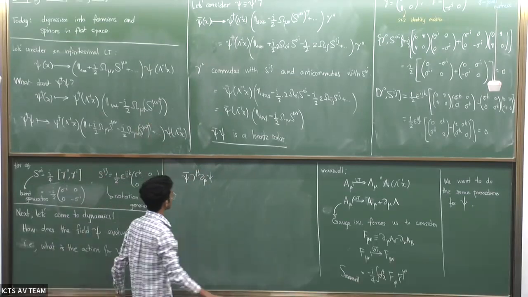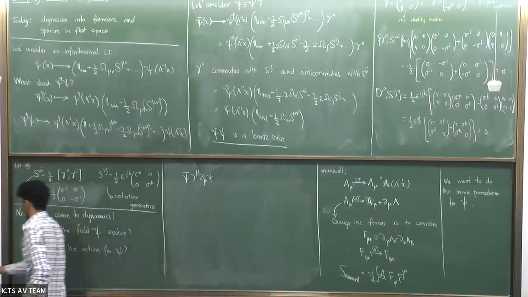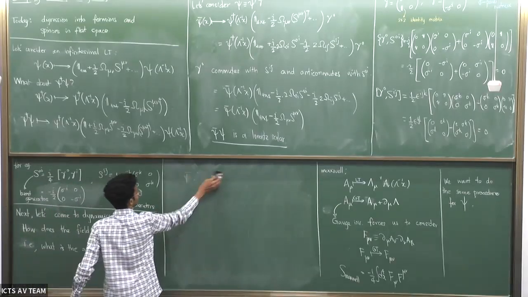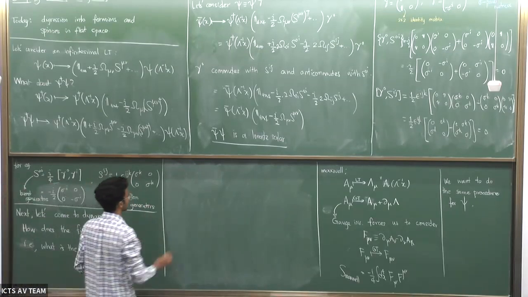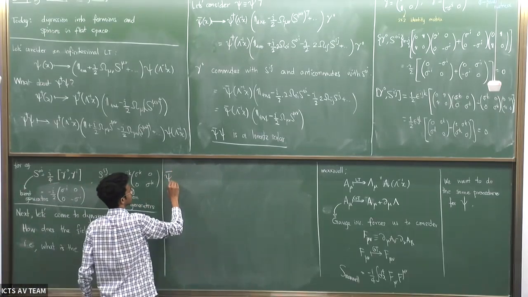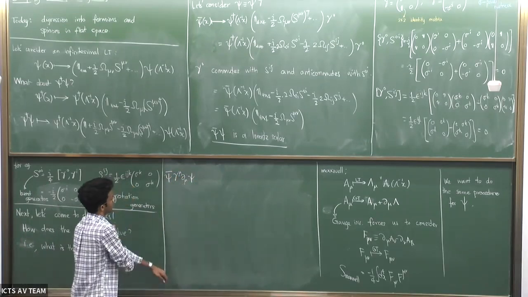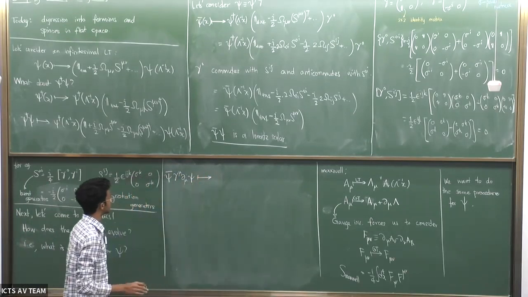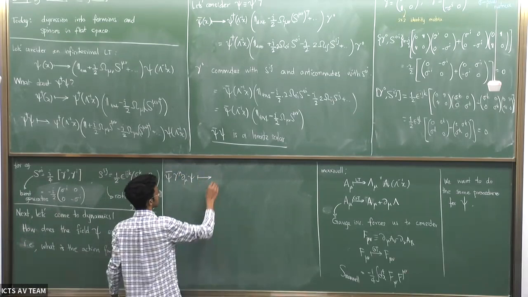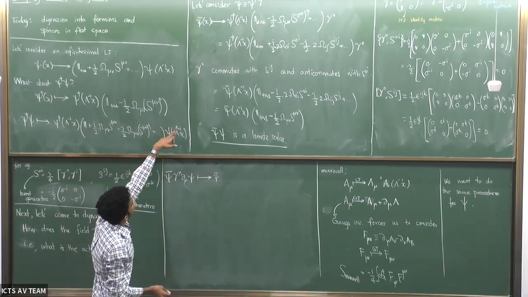So let's check how this transforms. This will take some time, but let's do it, because at the end of the day, we'll get something nice. Transforms as psi bar. Psi bar, I already know how it transforms from there.